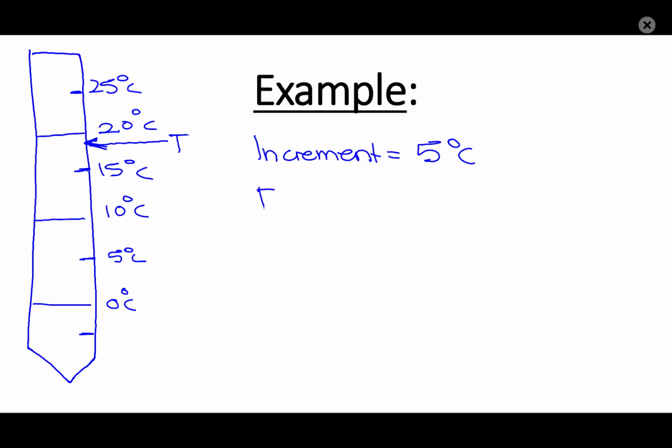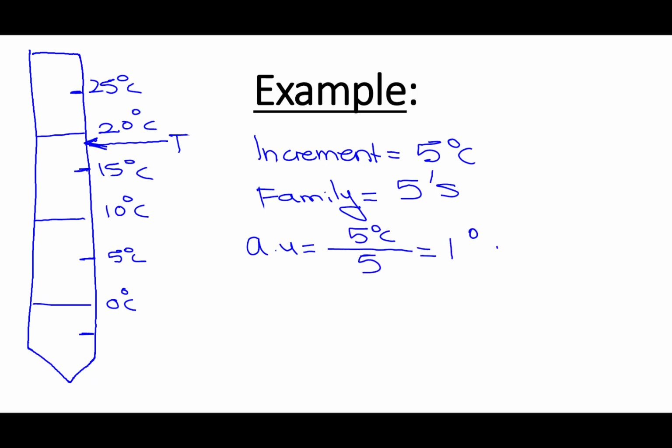Now, what family does it belong to? The increment has 5 in it. Anything with 5 in it belongs to the family of 5s. Now that we know the increments and the family, we can calculate the absolute uncertainty, which is going to be increment divided by family, and here we get 1.